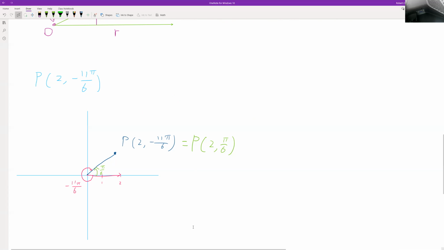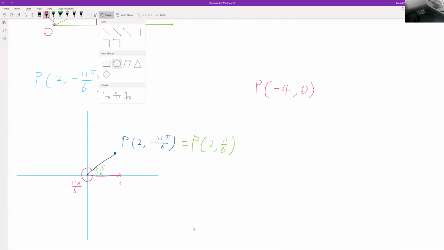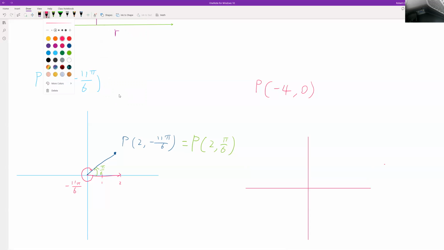And let's say we have P of -4 and 0. So 0 means we are not rotating anything, if the angle is 0. Okay, here we go. So -4 for the radius.